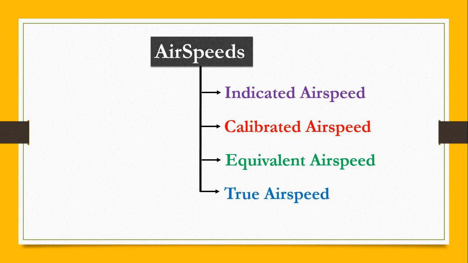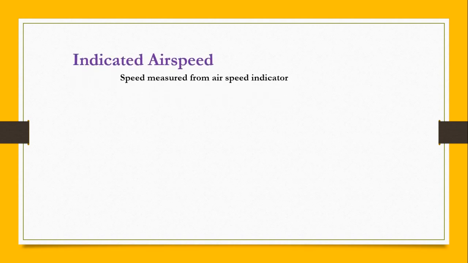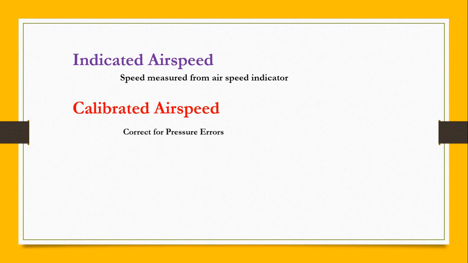Now we see these airspeeds in detail. The indicated airspeed is the speed which is measured from the airspeed indicator, and the calibrated airspeed is the speed corrected for pressure errors. That means if the indicated airspeed is corrected for pressure errors, we will get the calibrated airspeed.